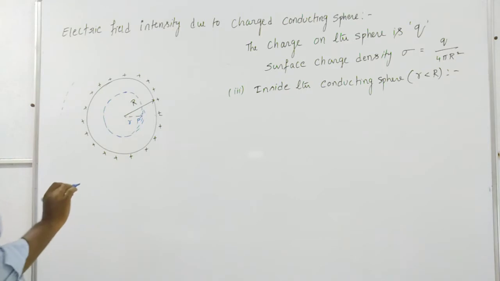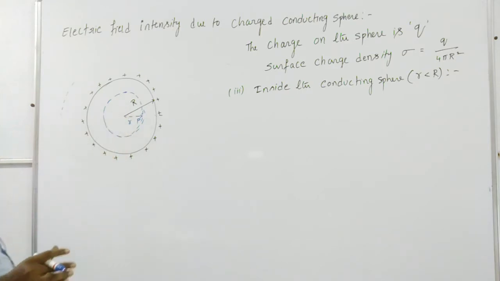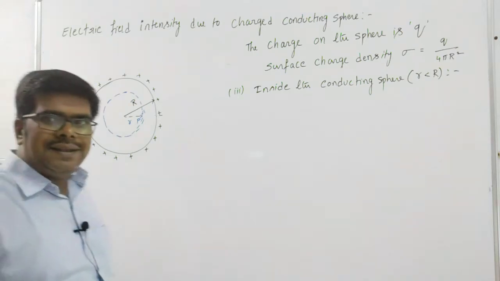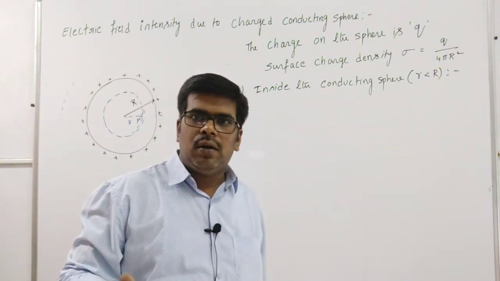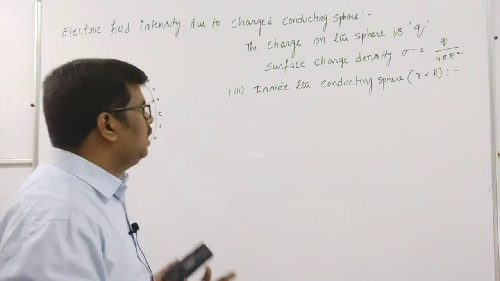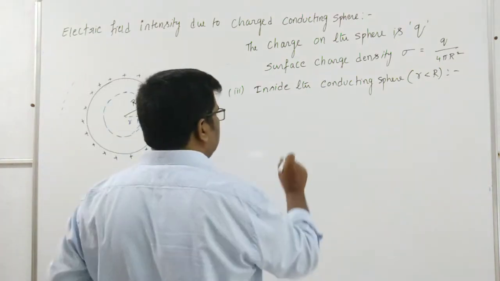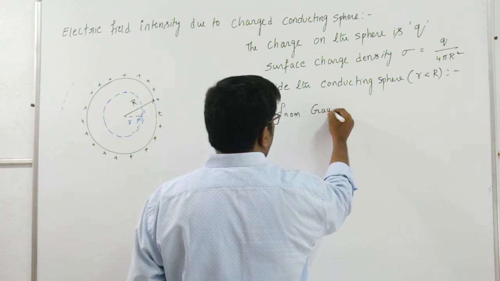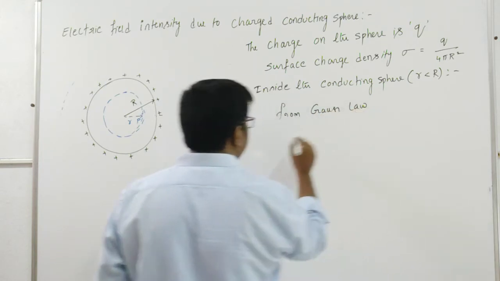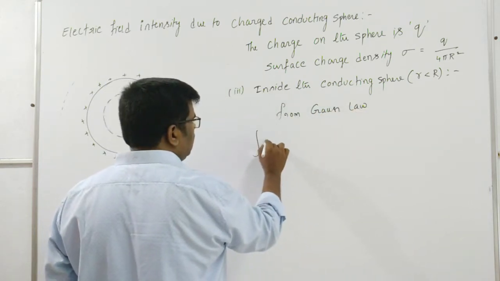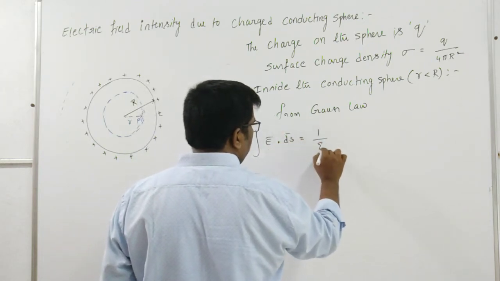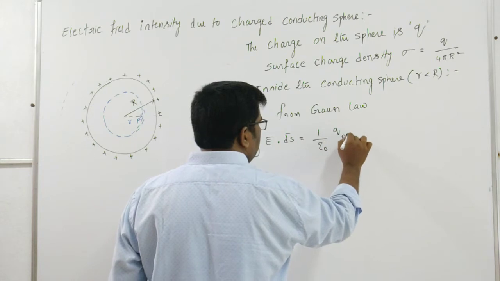Now you observe this Gaussian sphere is present inside and the inside charge is 0, meaning this Gaussian surface does not enclose any charge. Then from Gauss law we can write integral E bar dot ds bar equal to 1 by epsilon naught times the net charge.